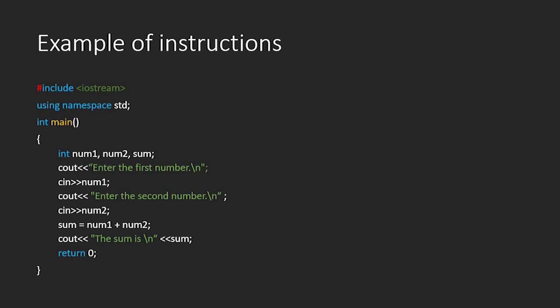In this instruction, we're trying to instruct a computer to take two numbers and add them and give us the sum. As you can see, we enter the first number, then it outputs the first number, then enter the second number, then it outputs the second number, then adds those two numbers and gives us the sum. So that's a simple code for an instruction.